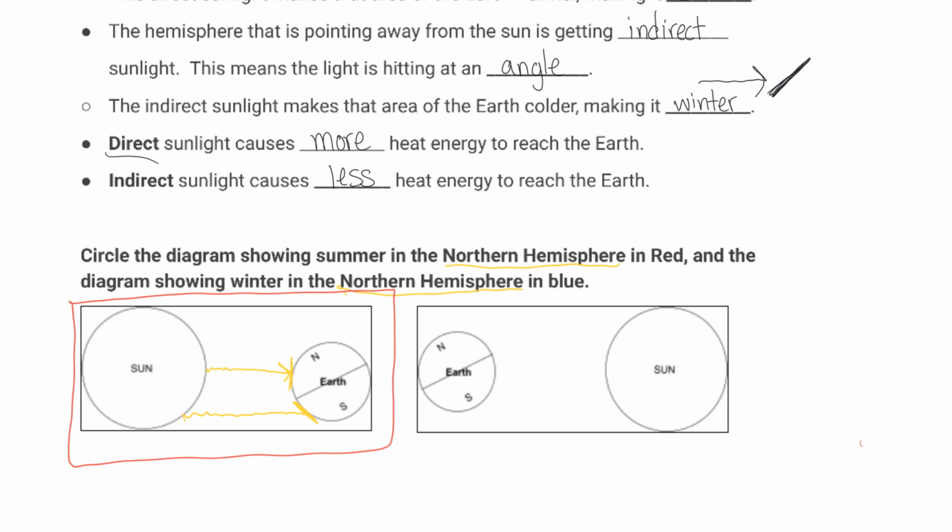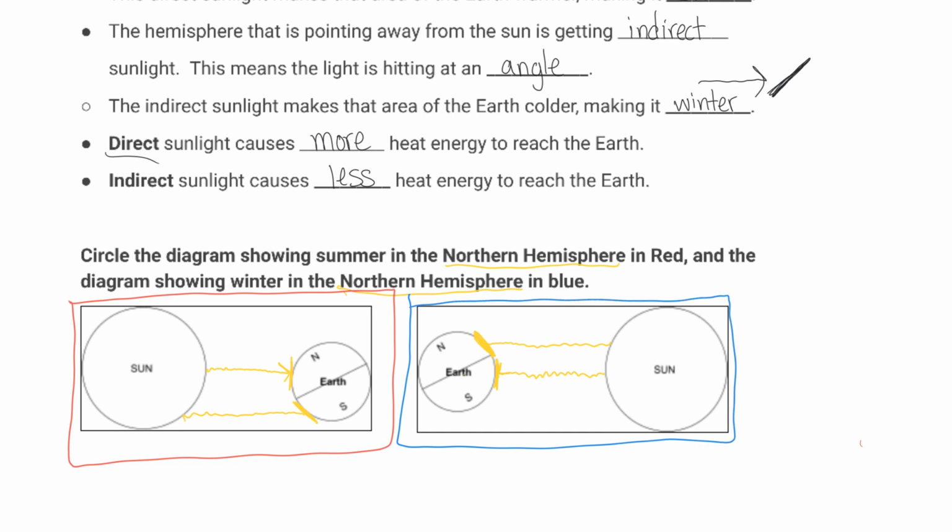In this other diagram, the direct sunlight is hitting the southern hemisphere now, right? It's making that perpendicular angle we talked about. And now the light is hitting at an angle on the northern hemisphere. This means it is winter in the northern hemisphere, so we would circle this one in blue.